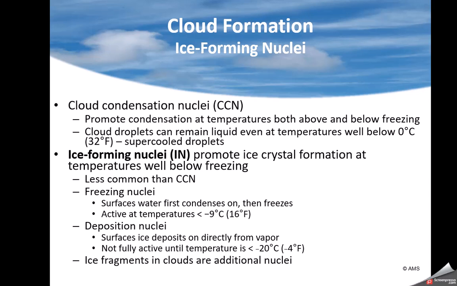They're called ice-forming nuclei. And they begin to work at about 16 degrees Fahrenheit, minus 9 Celsius. All of a sudden, if there's that little bit of dust in it, it will allow ice crystals to form in these droplets, and we wind up beginning to form ice crystals throughout the cloud.